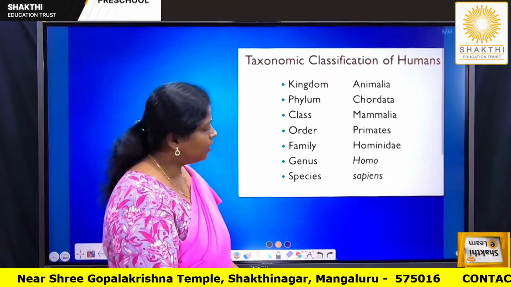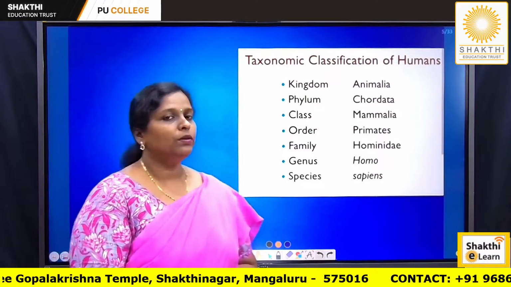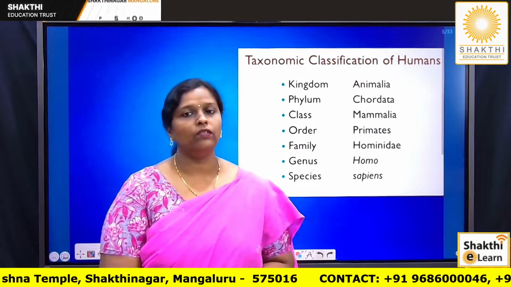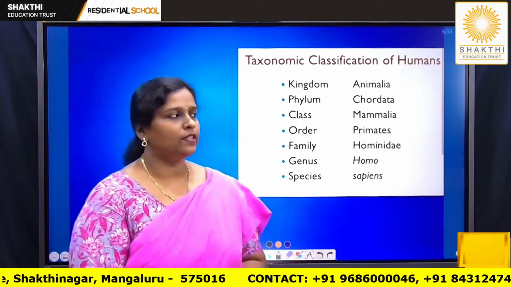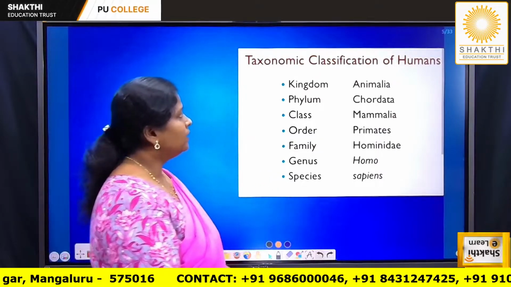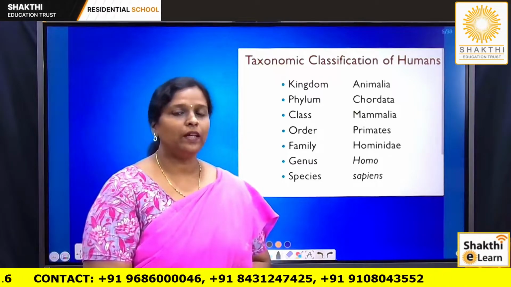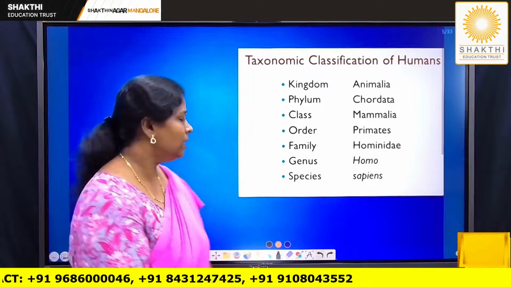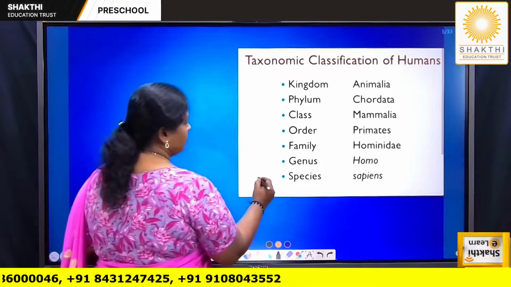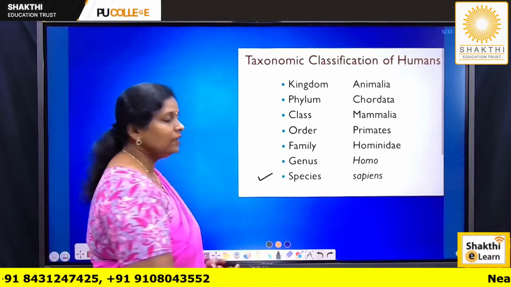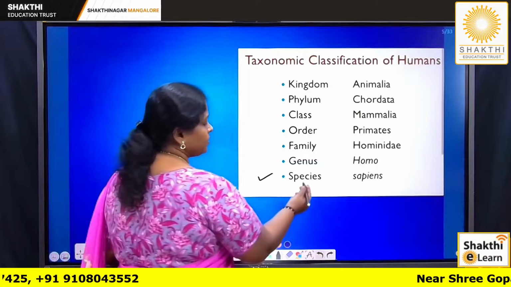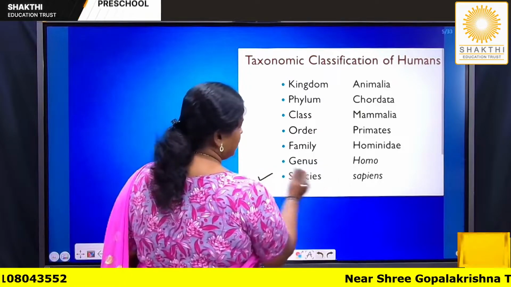Now, according to your NCERT syllabus, you have to know the taxonomic hierarchy of 4 different examples. The first one has been given on the screen, that is taxonomic hierarchy of man or humans. So when we are representing a taxonomic hierarchy, we have to represent the lowest level. As you can see on the screen, it is species. The species to which man belongs is sapiens.